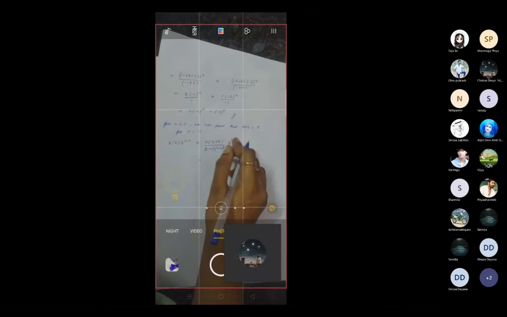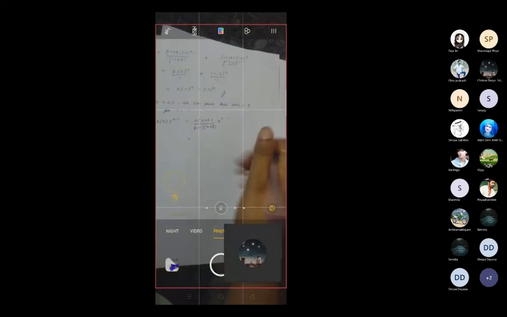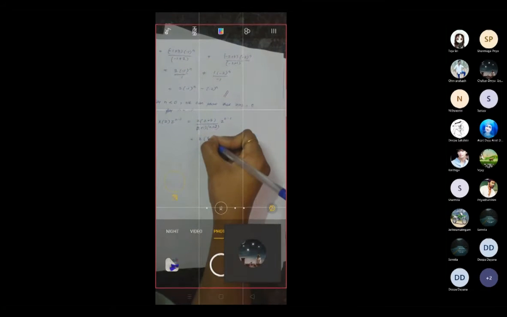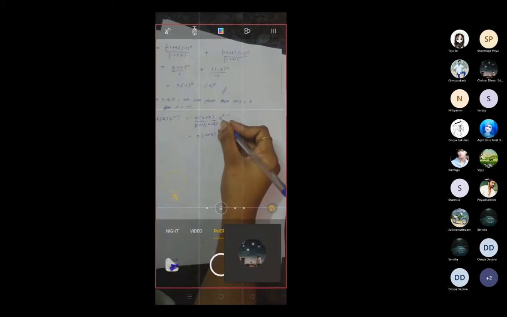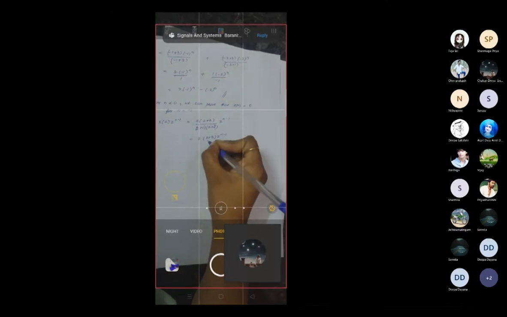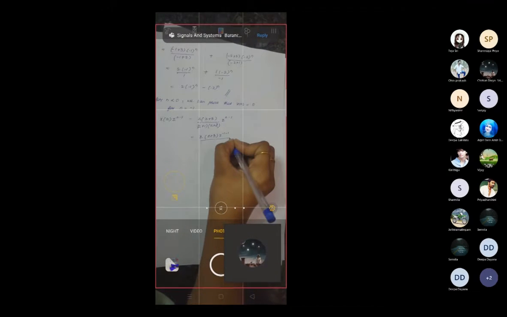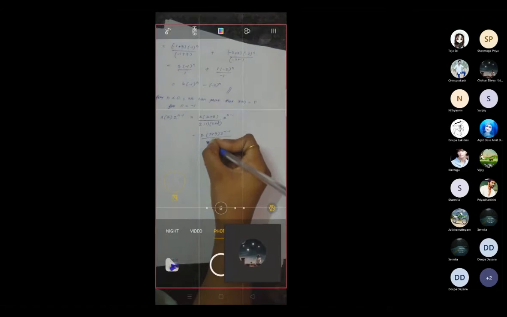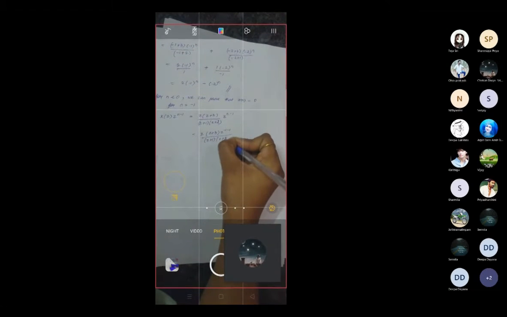In the place of n, substitute the given value. Z into z plus 3 into, if you substitute minus 1, you will get z power minus 1 minus 1 divided by z plus 1 into z plus 2.